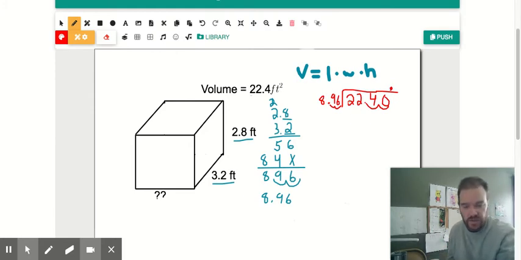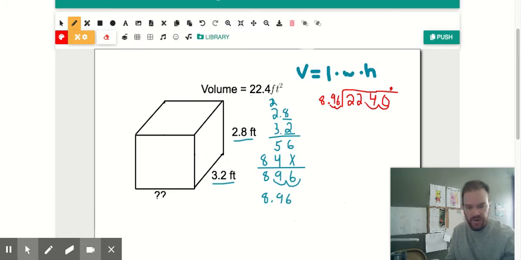896 doesn't go into 2. It doesn't go into 22. It doesn't go into 224. But it will go into 2,240. How many times will it do that? Well, I know it will at least go in twice. 800's got to go into that twice. So I'm going to guess and check with my calculator here, and do 896 times 2 and see what I get. 896 times 2 gives me 1,792.